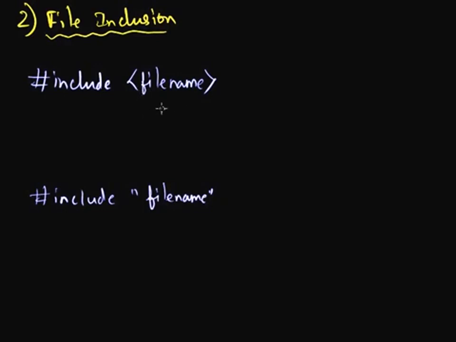You can also include other files. What the #include directive does is it copies the contents of the file which you include into the place where this directive is written. So in place of #include file name, you have the contents of this file.